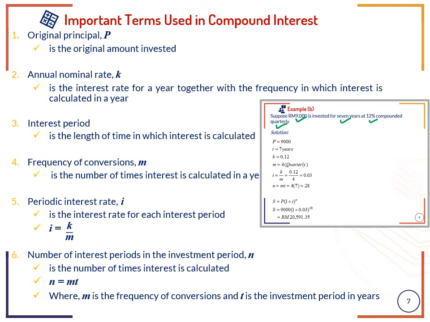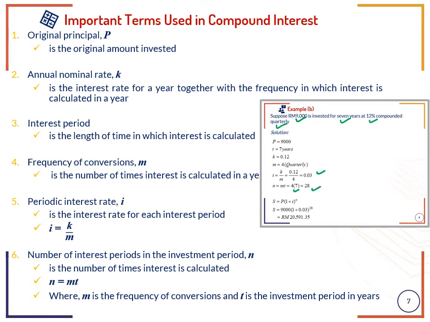As I equals K over M, therefore I is equal to 0.12 over 4. That is 0.03. As N equals MT, therefore N equals 4 times 7, which is equal to 28.